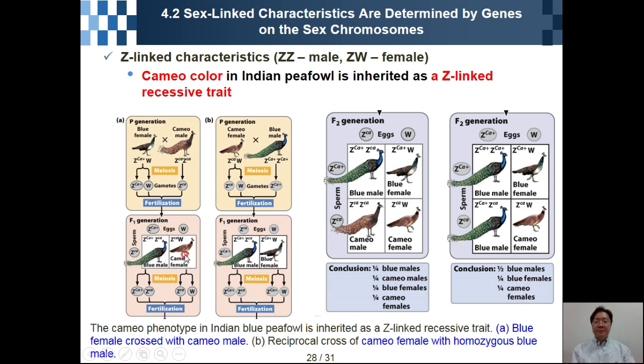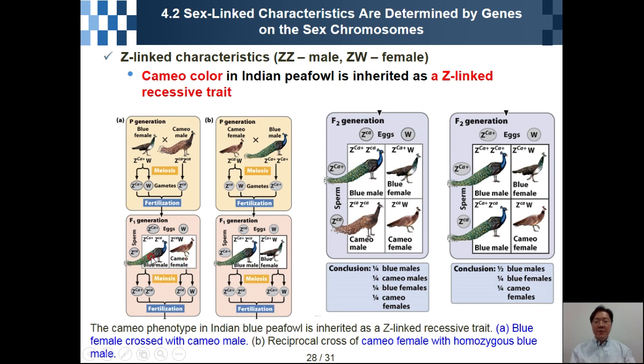How about this one? In this case it will be ZCA and W, meaning ZW is the female, and the color will be the camel female.